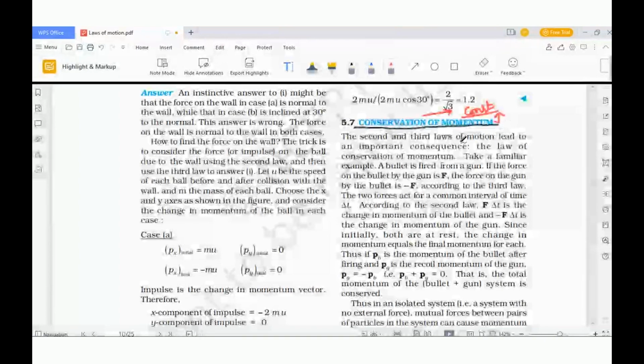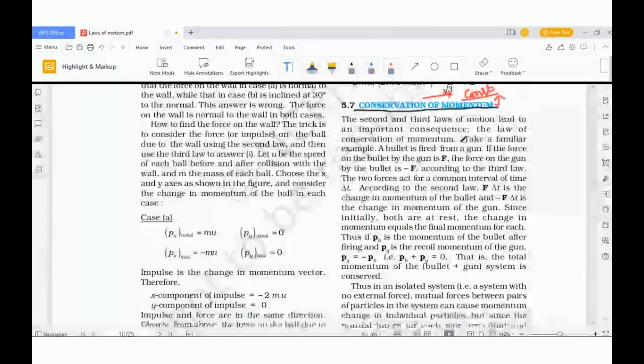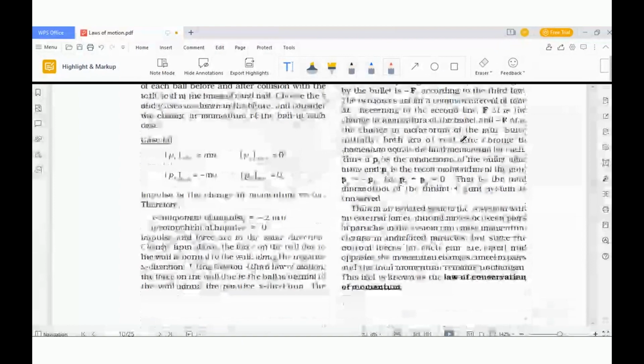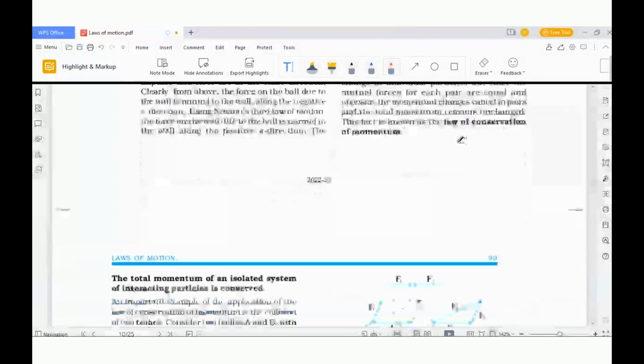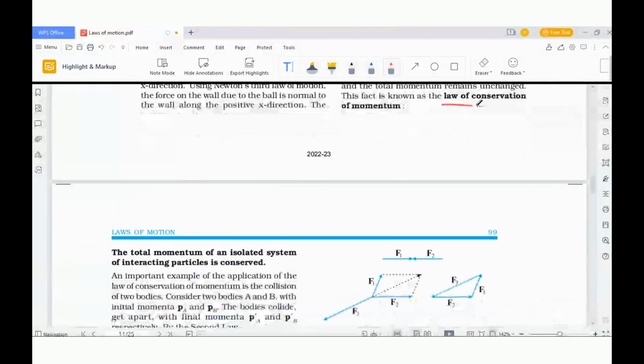In physics, many conservation laws are there, like energy, mass-energy equivalence, and now we are talking about just momentum. When we come to chapter number 6, we talk about one more quantity called angular momentum. So many conservation laws are there, which are very important.